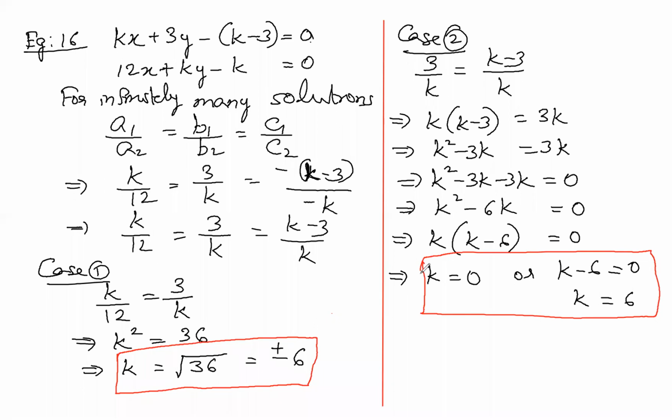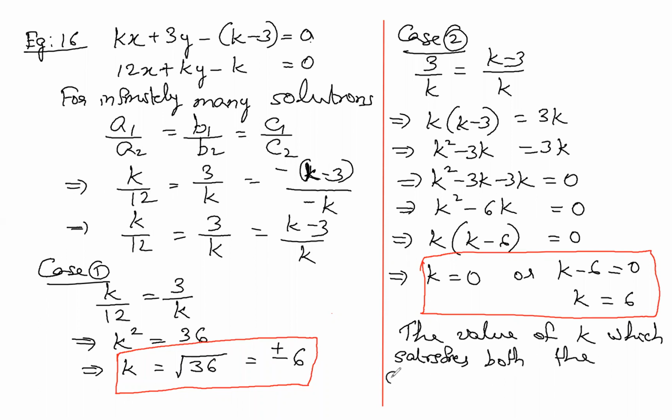So you will write like that: final, the value of k which satisfies both the conditions is k is equal to 6.